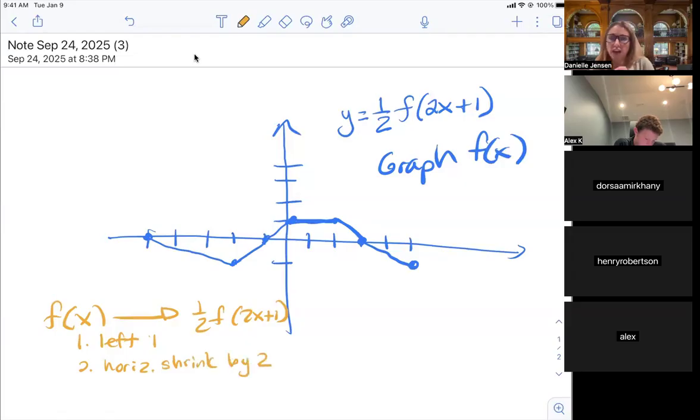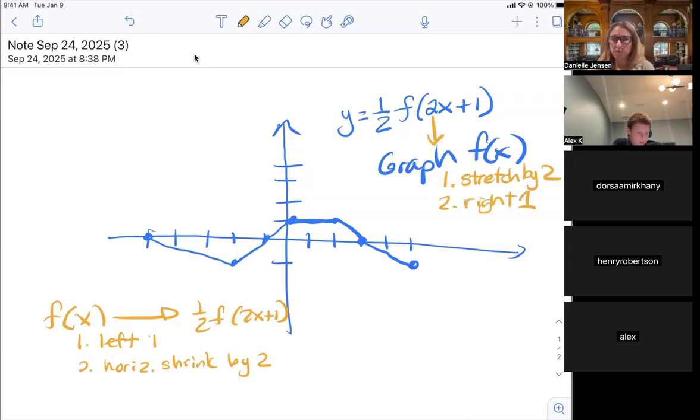If I'm going back to the original, I'm going to do the exact reverse. So going from here to here, I'm going to stretch by 2. That's the first thing I'm going to do. And then I'm going to go right 1.